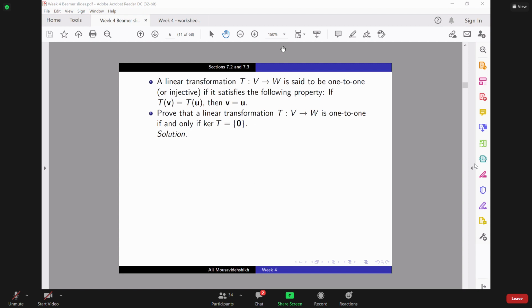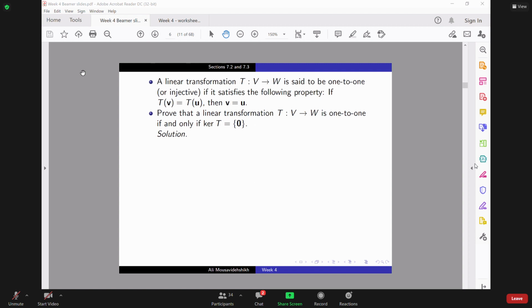Okay, so if we want to show this, how do we approach this question? Any ideas? Pick a direction. Which direction do you guys want to go?